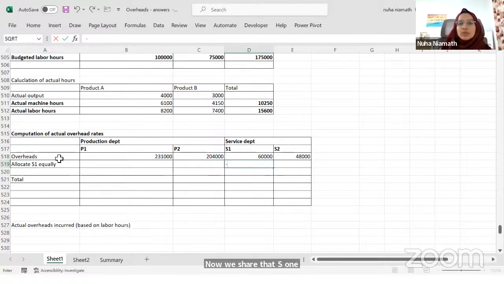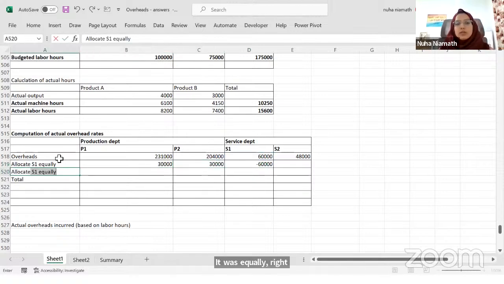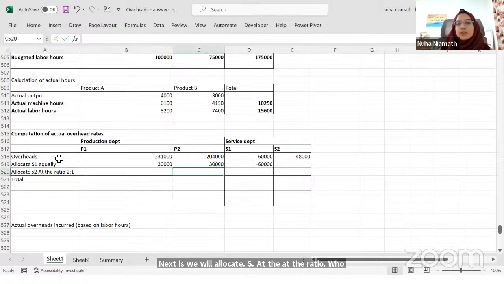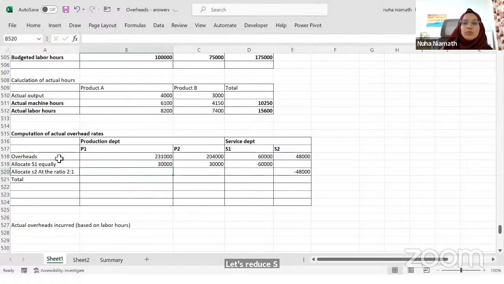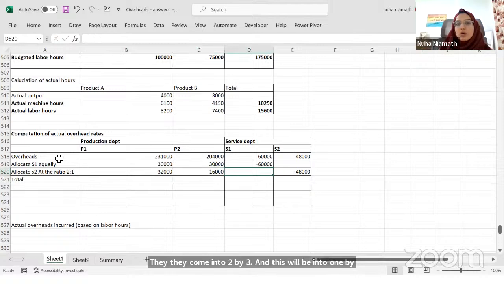So let's reduce S1's 60,000 and allocate it equally. Next, we will allocate S2 in the ratio 2:1. Let's reduce S2's cost of 48,000 and allocate it to P1 and P2 at 2:1, so this becomes 2 by 3 and this becomes 1 by 3. All clear till now? Got the allocation of the costs?